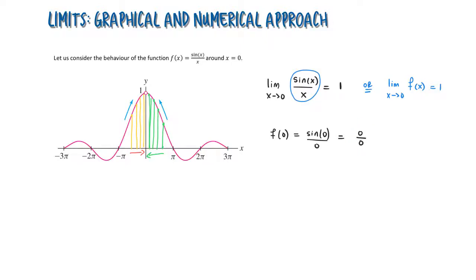This is saying that there is no value. There's no y value when x is equal to 0. This is actually undefined. So this is why when you look at the graph, you're going to see an open circle right here. However, the function is undefined at 0, but the limit exists.